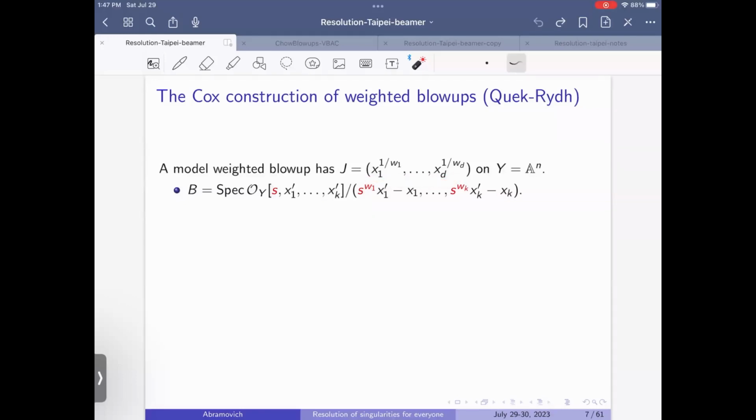A model of this weighted blowup is writing B that is now dependent on the weights that I chose. S is again the exceptional variable, x_i' are the transformed variables, and the only change is that the equation relating x_i and the new variables has s to the power w_i.